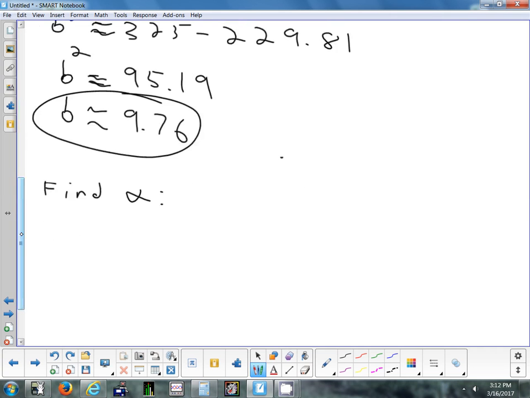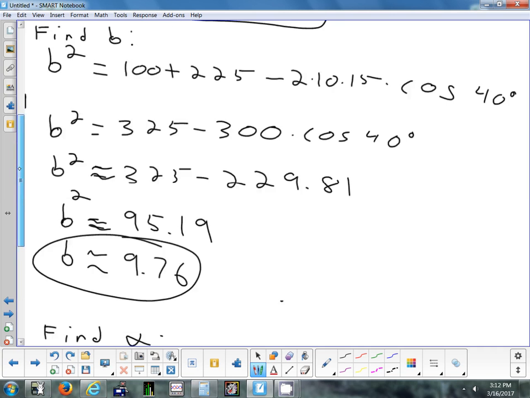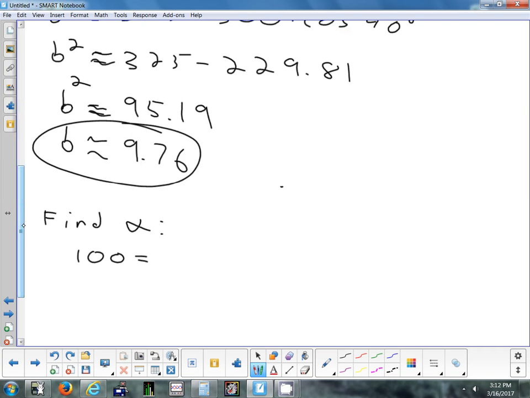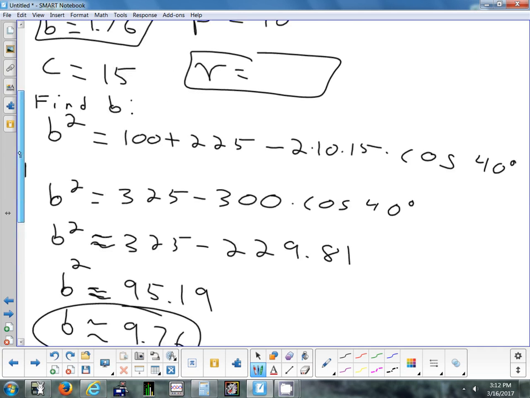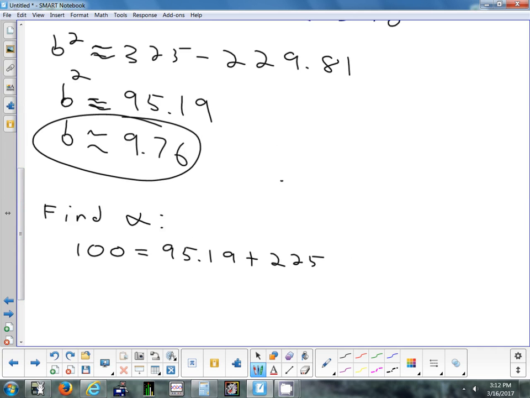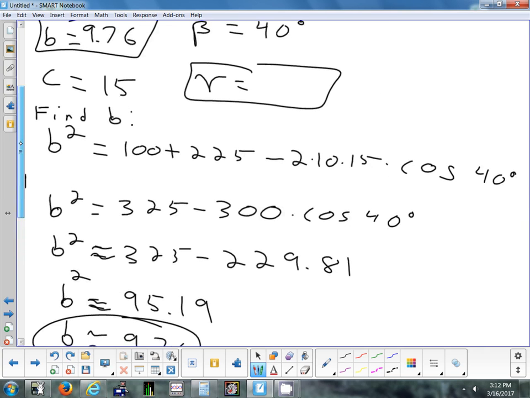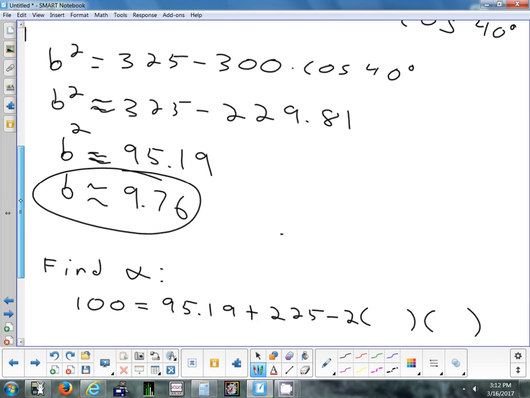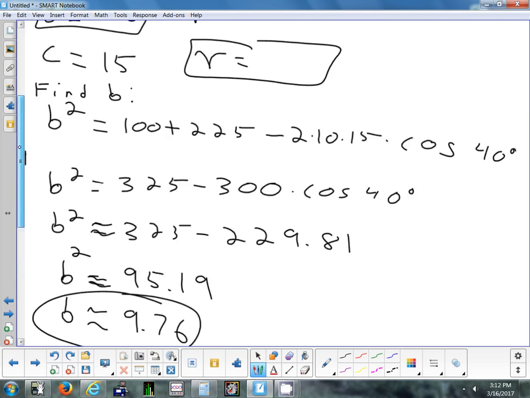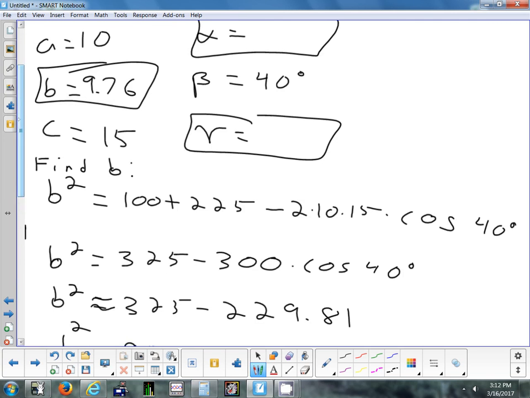Right, so a squared is 100. 100 equals b squared, which I have right there, 95.19 plus 225 minus 2 times the 95.19, and then the times c.